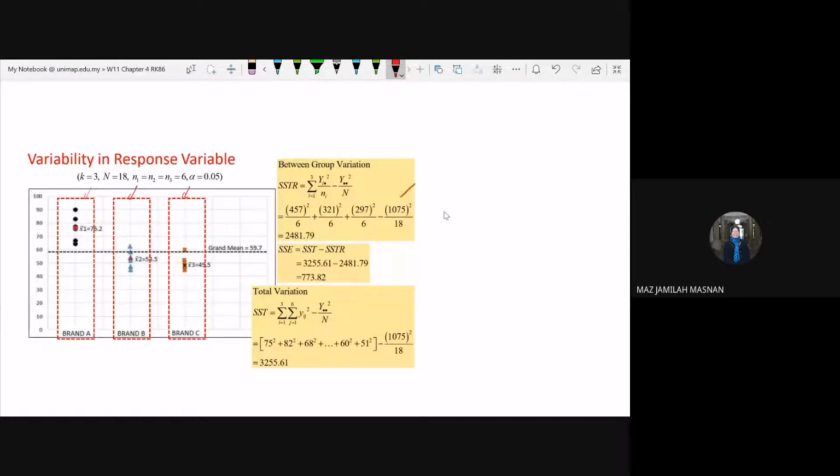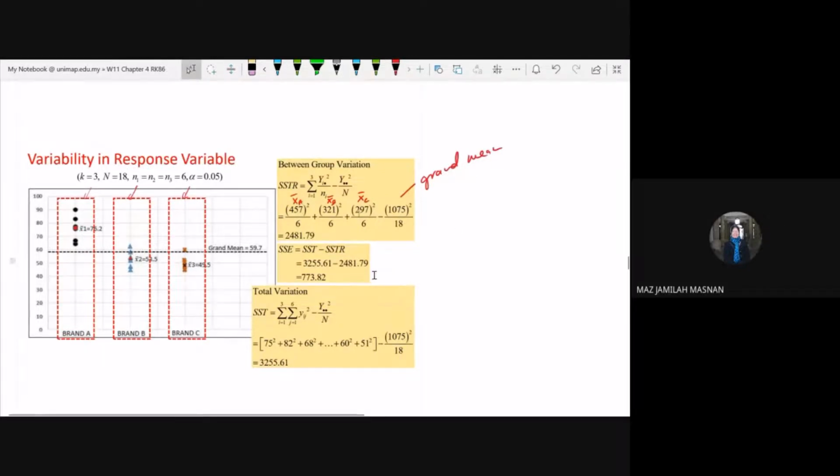So this is x bar A, this is x bar B, and this is x bar C. This is how it is represented statistically. You can see the SSPR is 2481.79, as we have in our ANOVA table.